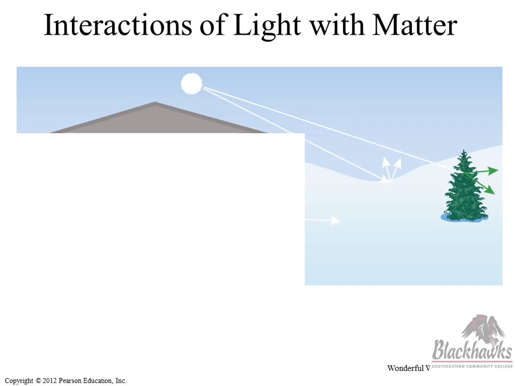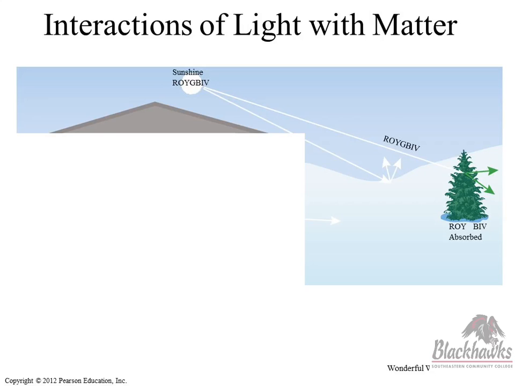So here we see Roy G. Biv coming from the sun, Roy G. Biv hitting the whites or anything that's white, and Roy G. Biv coming back up. If we compare that to the tree, which is green, quite clever, notice that instead of Roy G. Biv, it's Roy Biv. Roy Biv is absorbed, green is reflected.